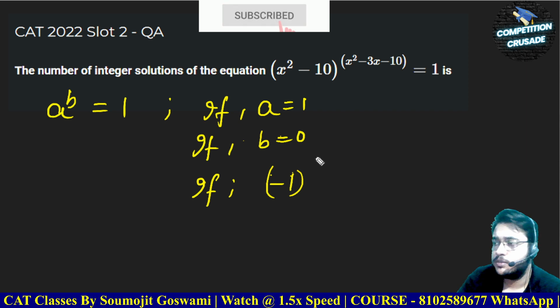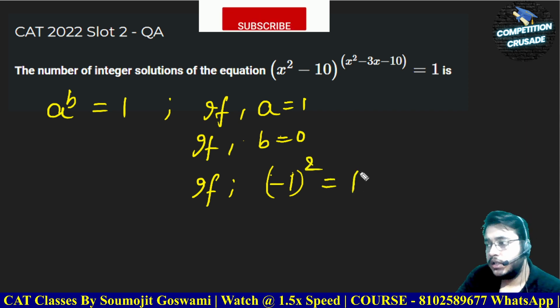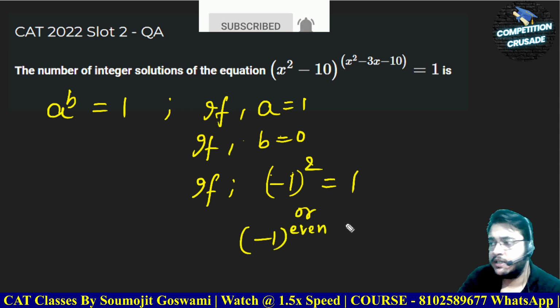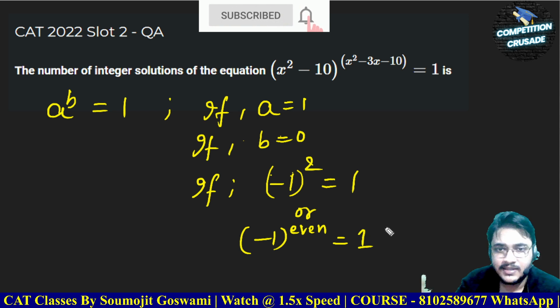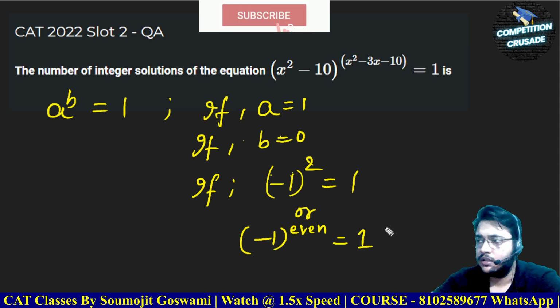Negative 1 raised to the power 2 is 1. You can generalize this by saying negative 1 raised to an even number is always going to be 1. So these three conditions we will use, and we will see what we can get out of it.